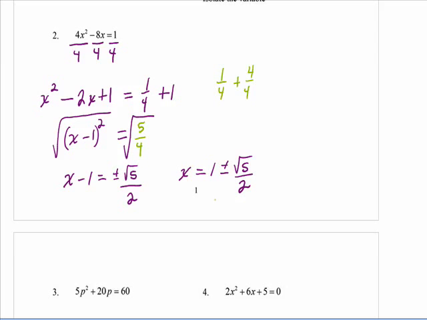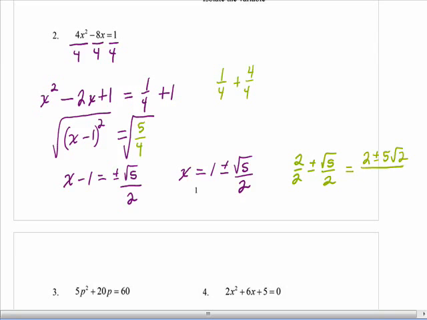If I wanted to have this with a common denominator and write this as one fraction with a denominator of 2, Tate, what would I have to do? Well, you'd have to make the 1 a 2 over 2. Yeah, so we'd have to change the 1 into a 2 over 2. And then you just put it all down. Yeah, plus or minus 5 root 2 all over 2. So you guys, either answer is correct.